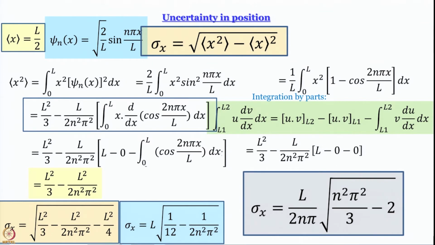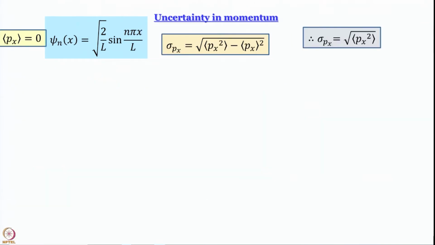This is the expression that we have got, and now uncertainty in momentum, what is it? Okay. Let us see. Well, we already know that out of these two terms under square root that we need to find for uncertainty in momentum, we already know that average value of Px is actually equal to 0, right. So, then this expression becomes a little simple.